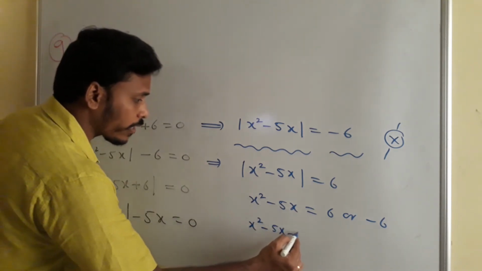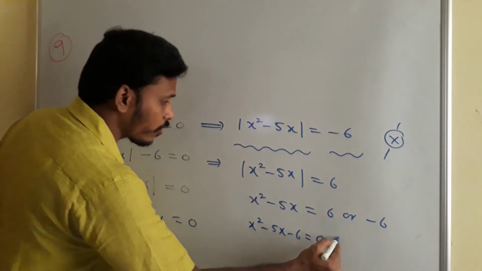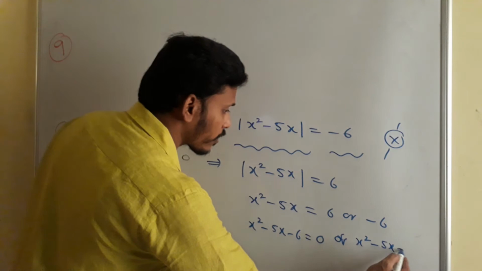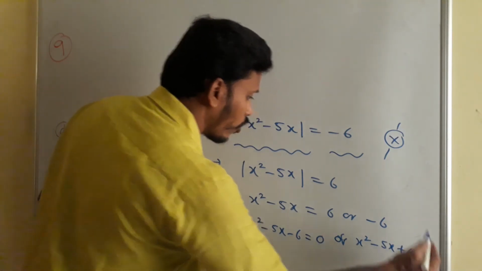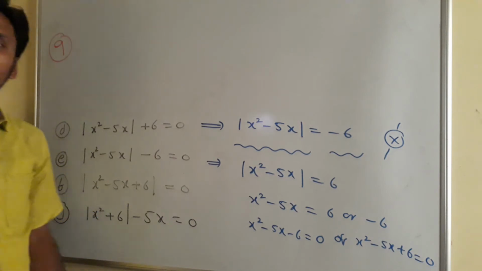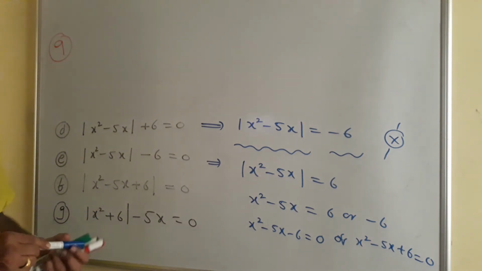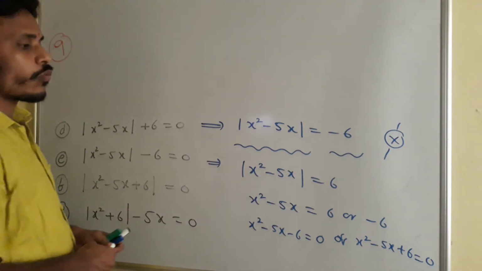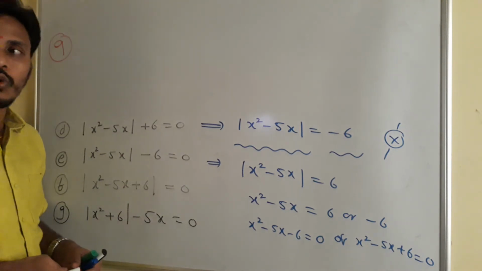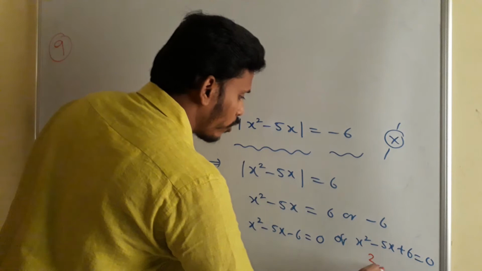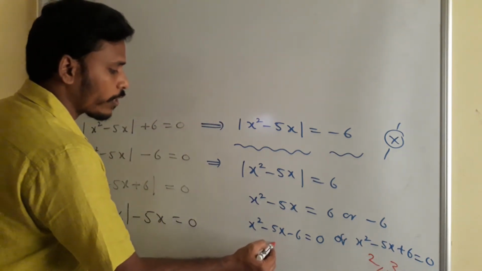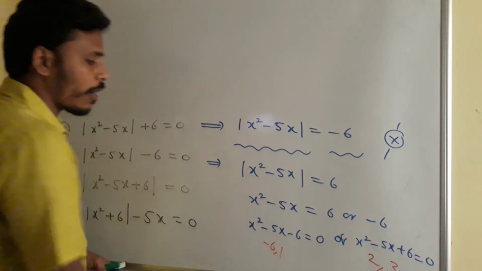X square minus 5x minus 6 is equal to 0 is one equation. X square minus 5x plus 6 is equal to 0 is the other equation. So solve those two quadratics. From x square minus 5x plus 6 is equal to 0, your values of x are 2 comma 3, and from the other, if you solve, the values of x are 6 comma minus 1.